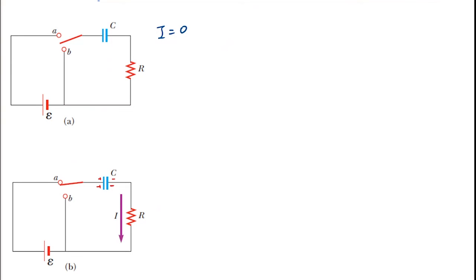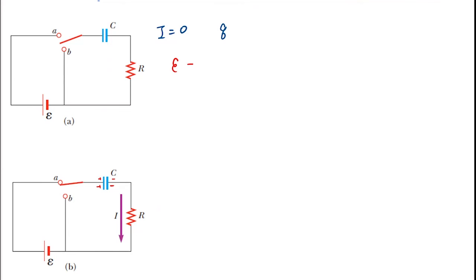Good. Now we'll set up our Kirchhoff's law, starting with the battery. So we gain, right? This is the positive side. So we have E. And then we lose some across this capacitor. What was the charge in a capacitor? Do you remember?